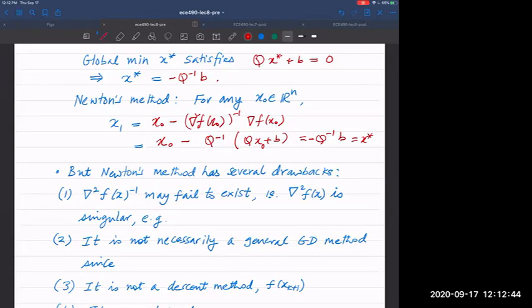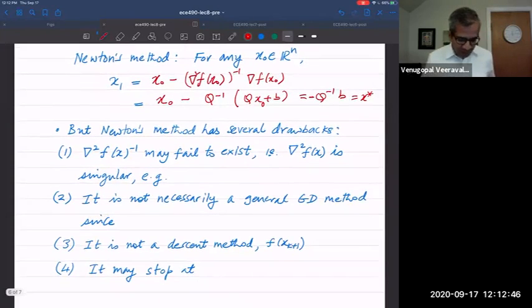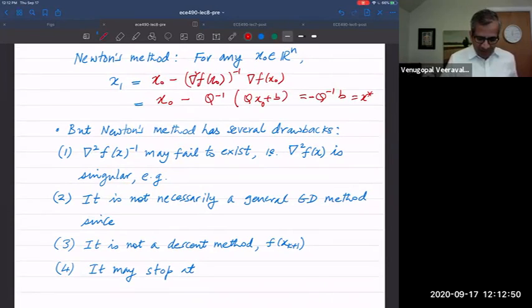Okay. So let's see what are some drawbacks of Newton's method and how you might fix it. So first of all, the inverse of the Hessian may fail to exist, right? That can happen if the Hessian is singular.